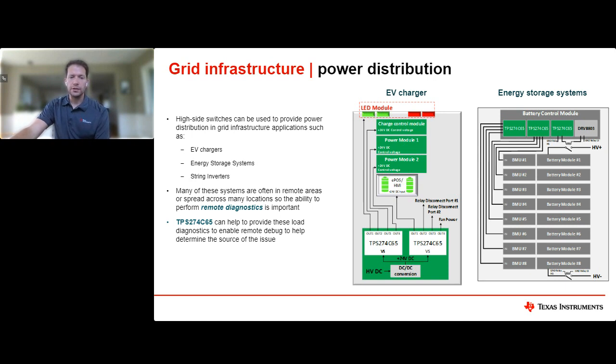Or maybe there's a charge control module or a power module, which has a 24 volt control input. So from the main, either high voltage DC or high voltage AC, you'll convert down to 24 volt DC, and then you can provide power distribution of the control voltages to these different modules.